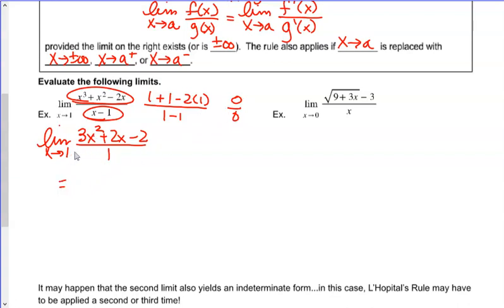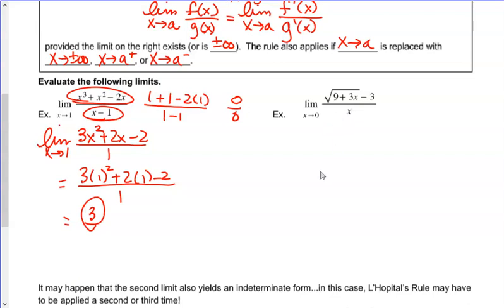So now when I plug 1 into each one of those x values, I get 3 times 1 squared plus 2 times 1 minus 2, and you can do this in your head if you want, all over 1. This gives me a 3 plus 2, which is 5, minus 2 is a 3 over 1, which is just a 3. And that is the limit of that rational function as x approaches 1.